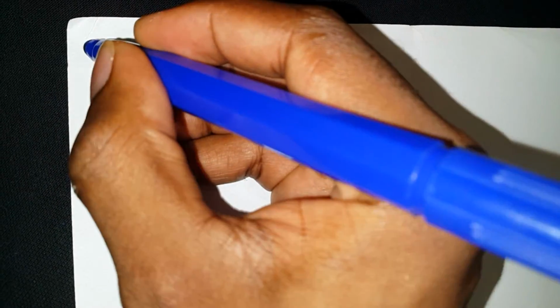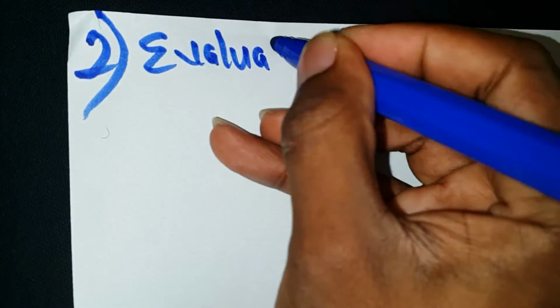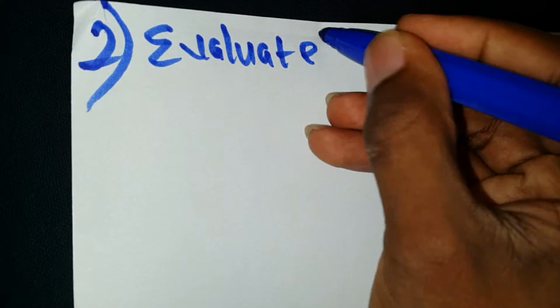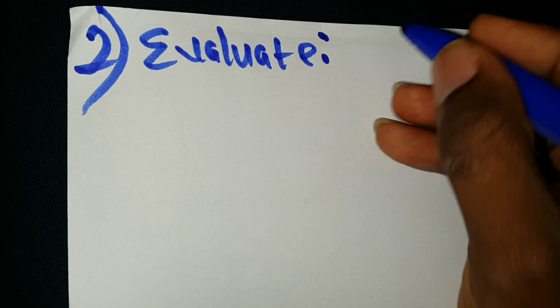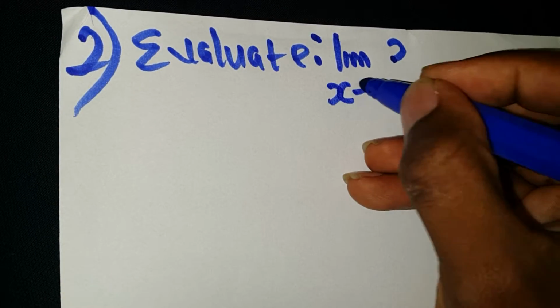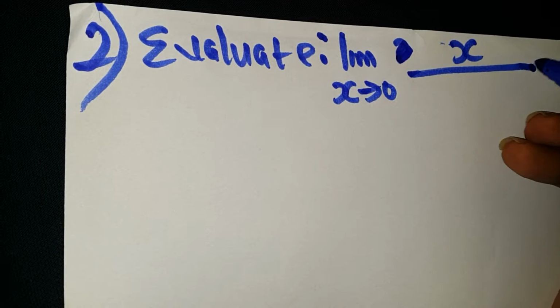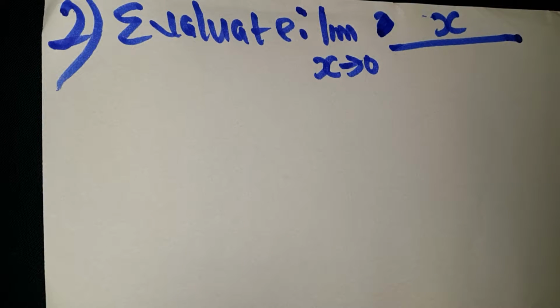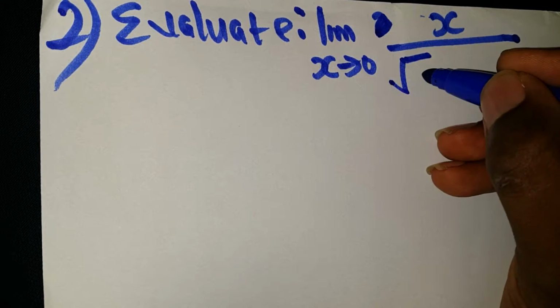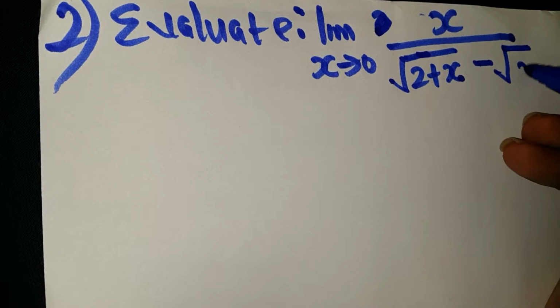Second example, we actually evaluate the limit when x tends to 0 as well, x divided by root 2 plus x minus root 2.